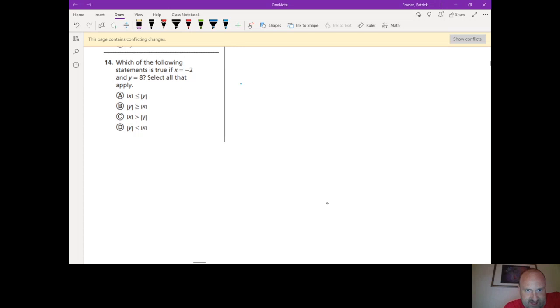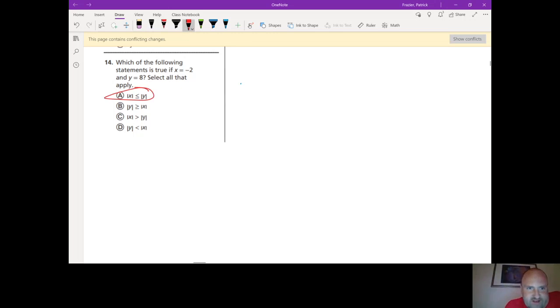So again, the absolute value of negative 2 is always positive 2, and the absolute value of 8 is always positive 8. So since the absolute value of x is 2, 2 is less than or equal to 8, because you have the line underneath. Yeah, it's one of those.